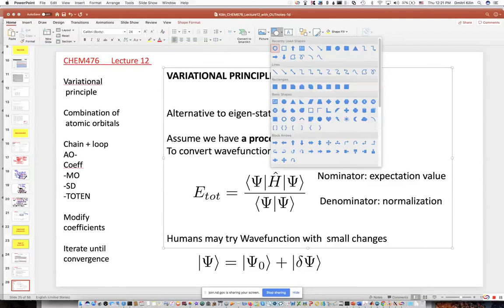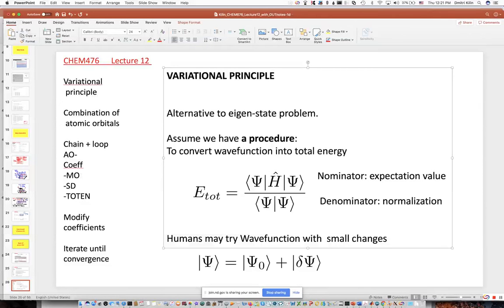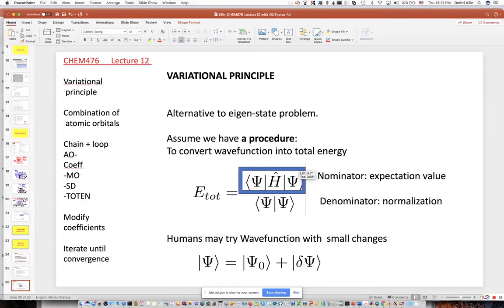And since there is no guarantee that our wave function is normalized, we may divide this expectation value by the normalization. Then it will be a reasonable observable. So how to interpret this equation?